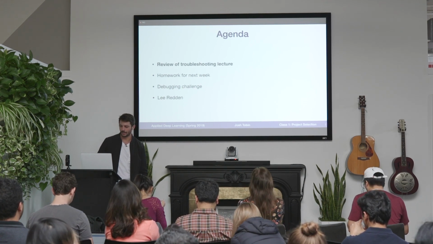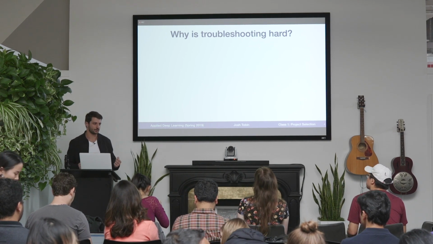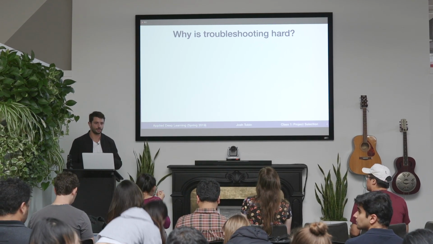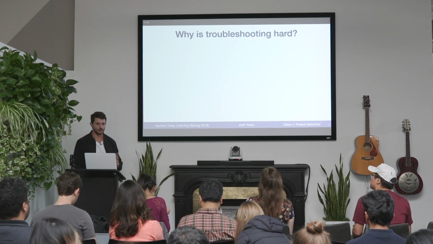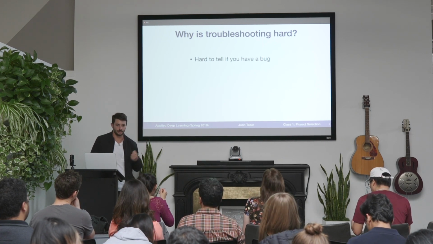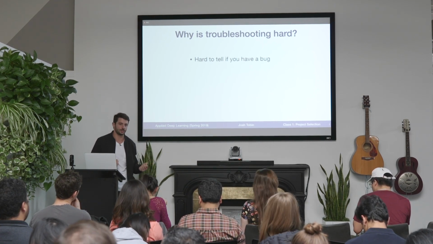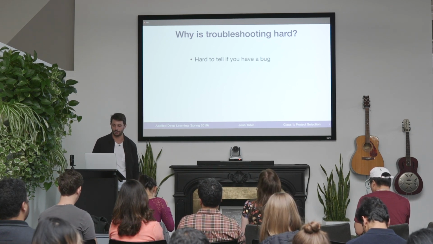Okay, so troubleshooting lecture. I think the core of this lecture was in two parts. The first is thinking a little bit about why troubleshooting is a hard problem. And I think there the summary is, one thing that makes deep learning different than traditional machine learning or traditional software engineering is that it can be really, really difficult to even tell if you have a bug.